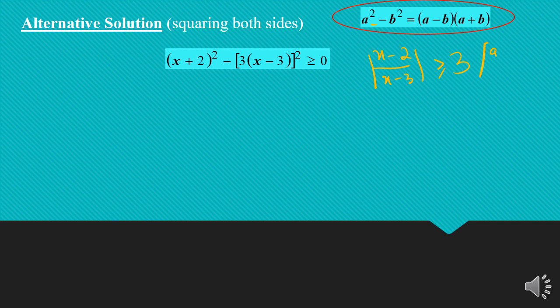Absolute of a over b can be written in the form of absolute a over absolute b. That's why we can write absolute of x plus 2 divided by absolute of x minus 3 more than or equal to 3, and we can bring absolute of x minus 3 to the right side. Why?